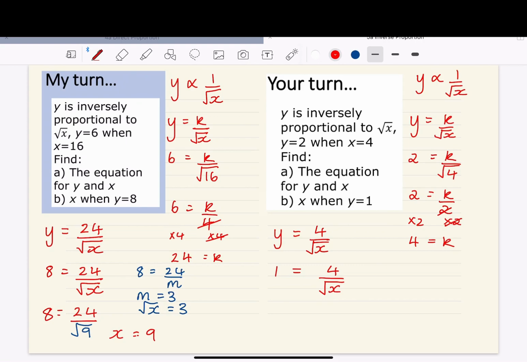This one is much easier because we know we need 1. So we need the root of x to be the same as our numerator, which is 4. An easy way to do this is square through.